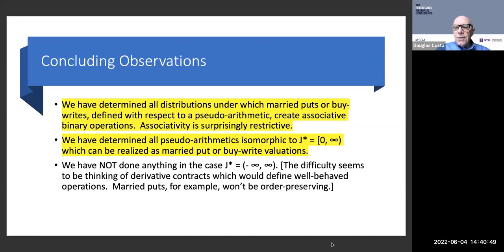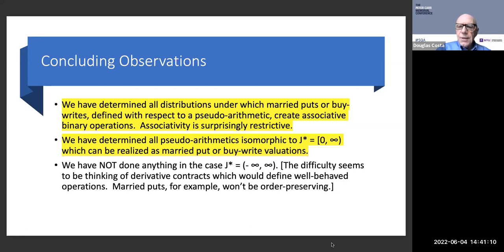Now, I just want to point out all these things we've done have been for the case where J star, the base interval, is the non-negative reals, and we haven't done anything with the other possible case for developing a monoid, which is the real line with 0 in the middle as the identity element.